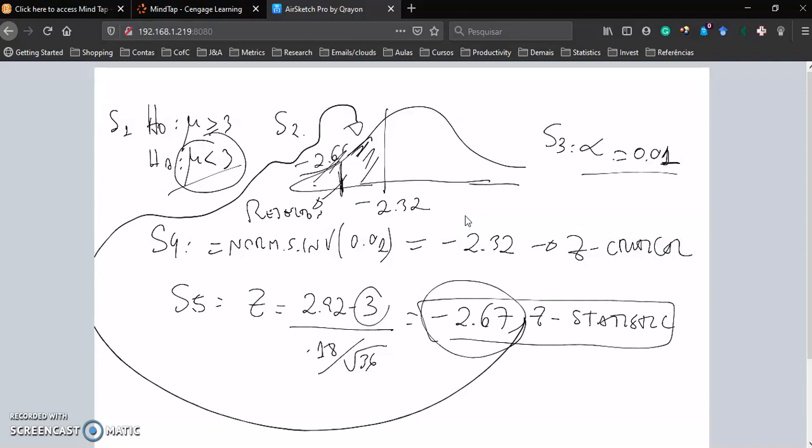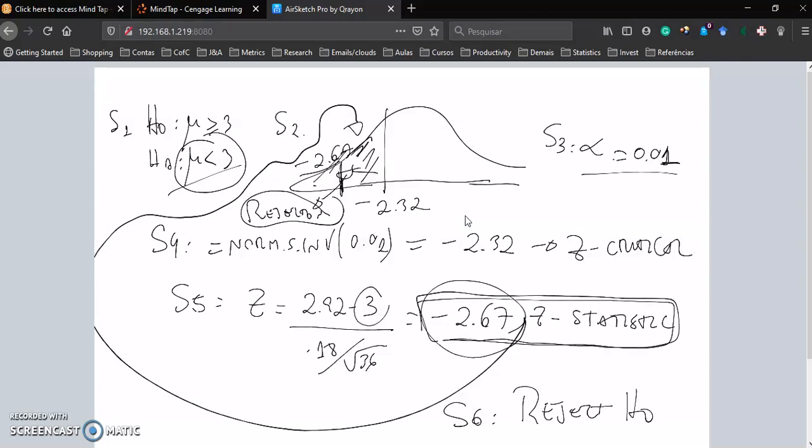Negative 2.67 has to be less than negative 2.32. So it is in the rejection region. Yes, it is. So my conclusion is reject the null.